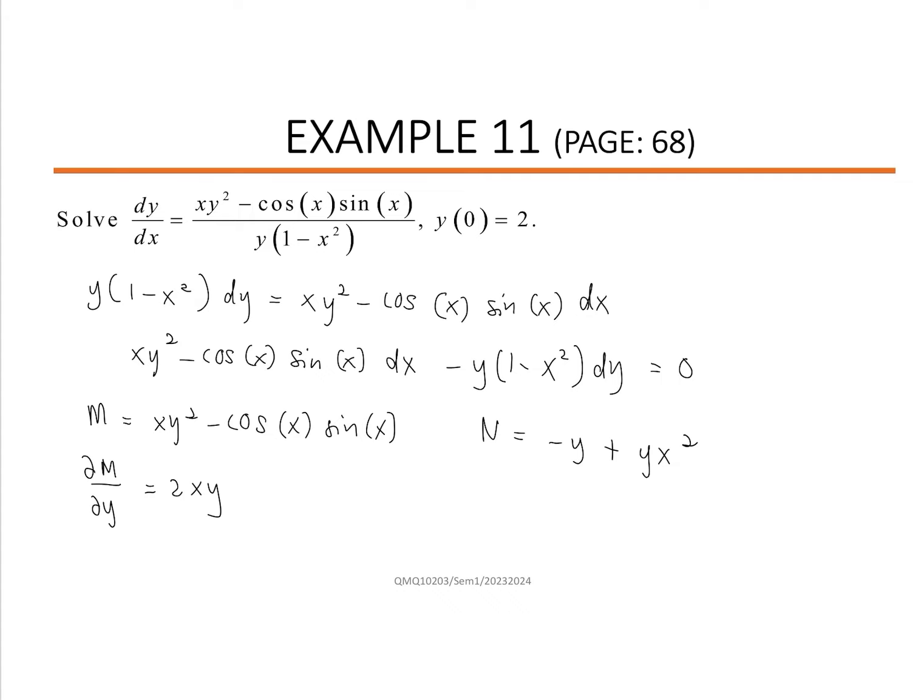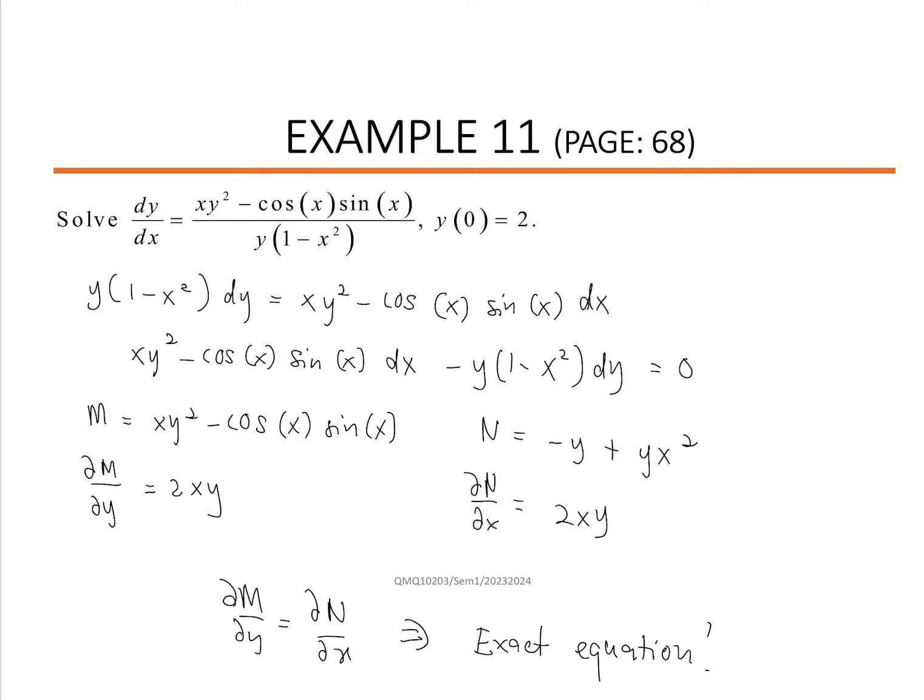Differentiating, the cos x sin x term has no y variable, so it will be 0. Differentiate N with respect to x, so del N over del x. The first term, negative y, has no x so it will be 0. Here we have 2xy, which means del M over del y is equal to del N over del x. So this is an exact equation.